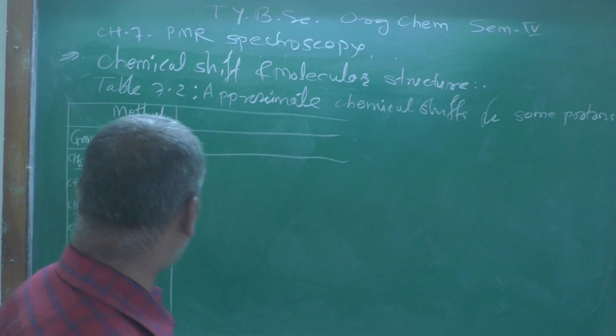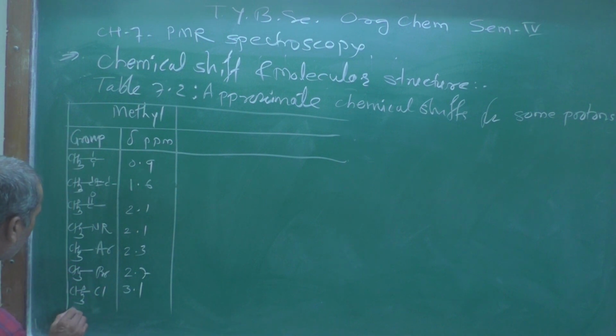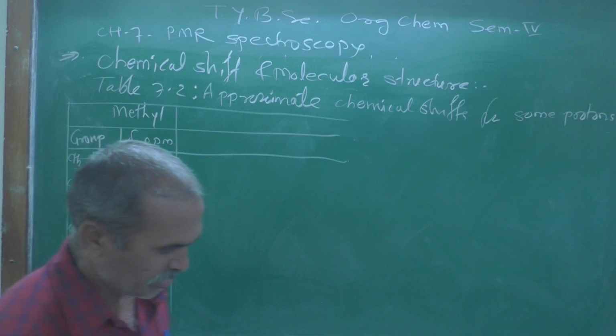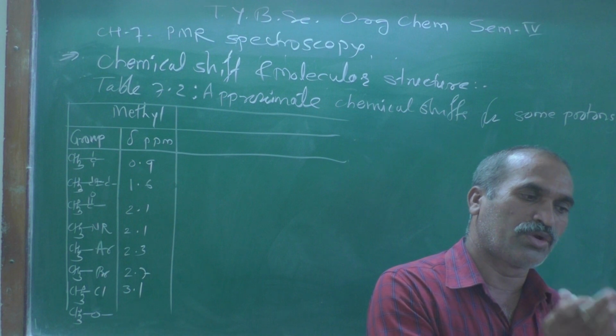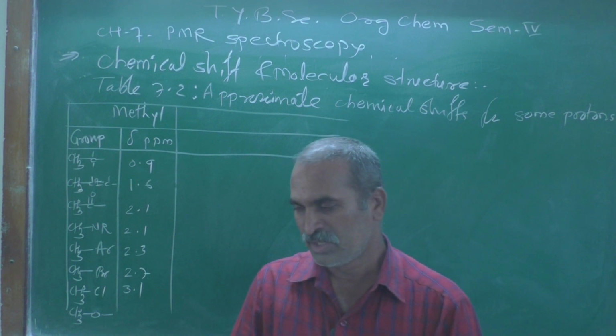Now let us see another methyl group. See, CH3 when it is attached to oxygen, again we know that oxygen atom is more electronegative than carbon.